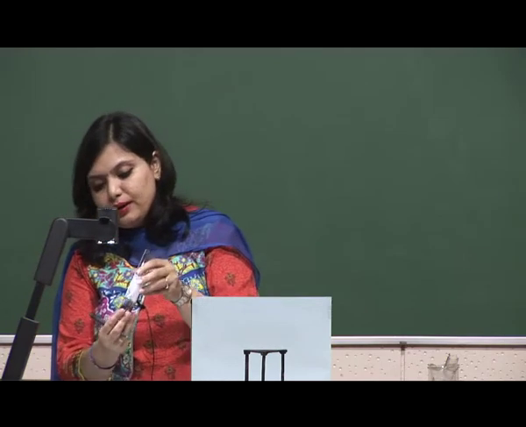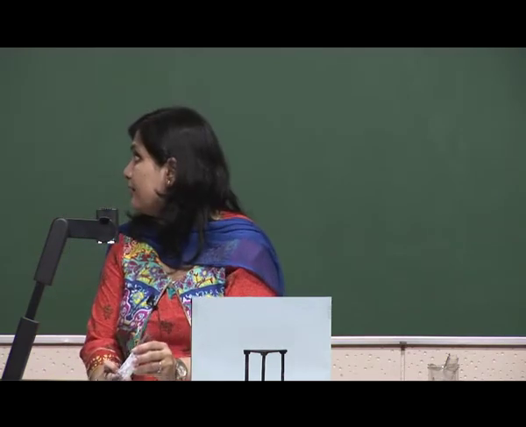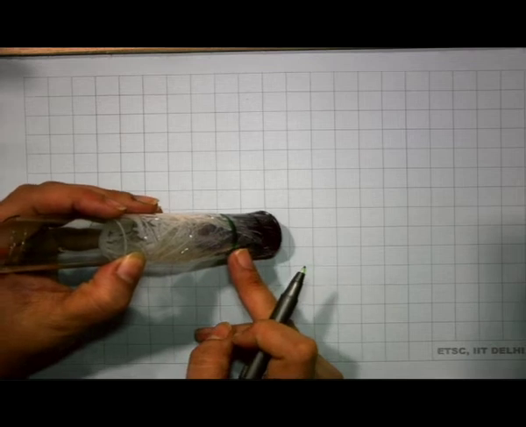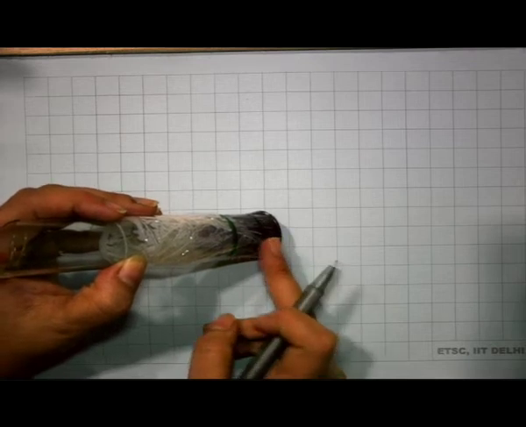So, we have put a mark here. You can see that with the green pen I have put a mark on the level of the sugar solution. The sugar solution is appearing red because of the presence of food coloring also. It is not going to interfere with our experiment. Now, what will I do?